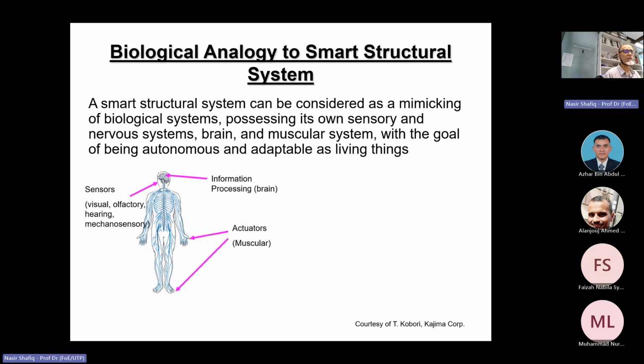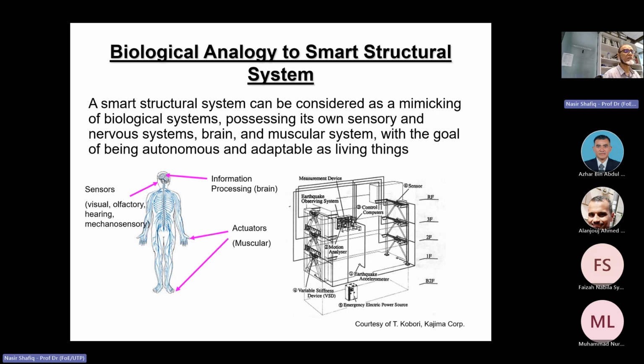On the same system, we have developed structural health monitoring. Like this in a building, various sensors are simulating the human being and the brain for storing data.